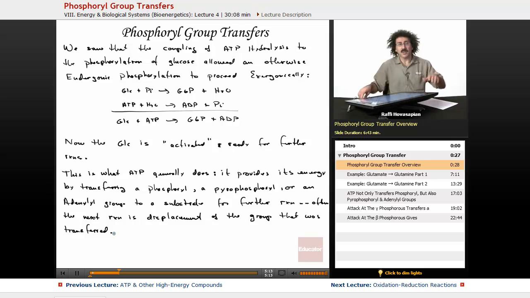So what happens is the following. We have glucose, which is a specific molecule, and in the process of phosphorylating it, now that a phosphoryl group is attached to this glucose, it's invested energy into this glucose molecule. It's raised its free energy content.